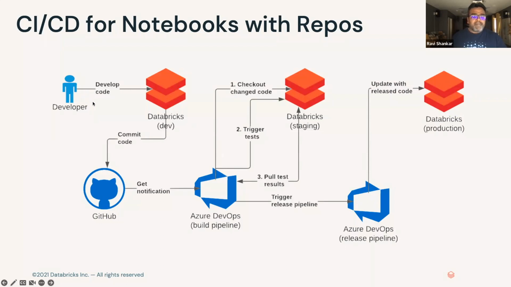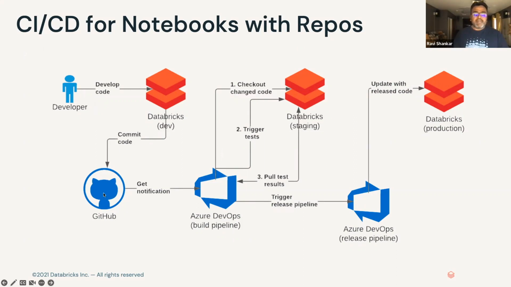As a developer, a data engineer, or a person who's writing the code, I write the code as part of my development instance, and then commit the code to my repos, say GitHub, but it could be Azure Repos. So I'll commit my code to Azure Repos.